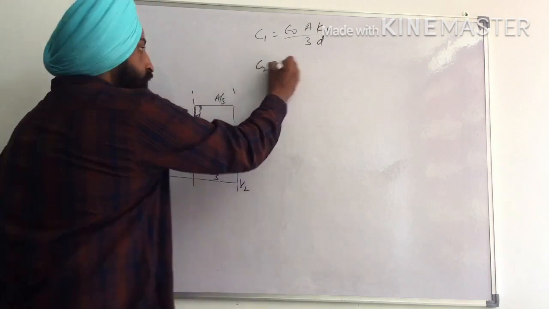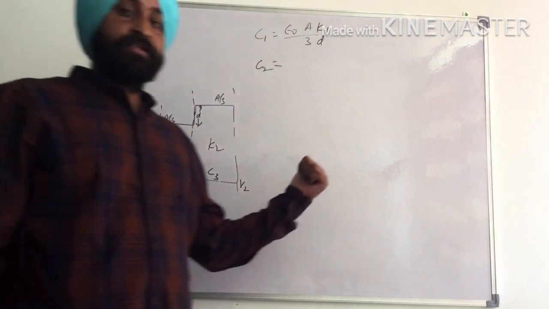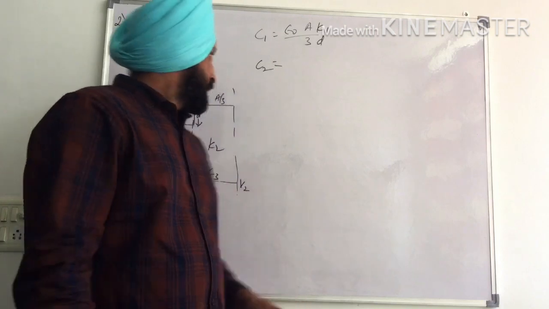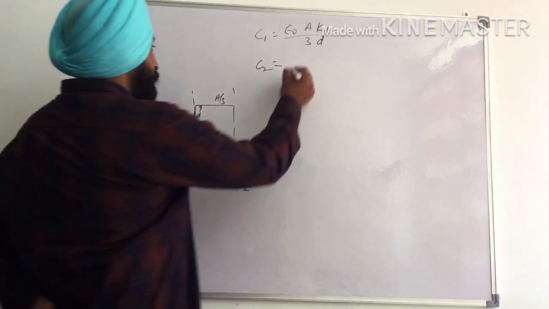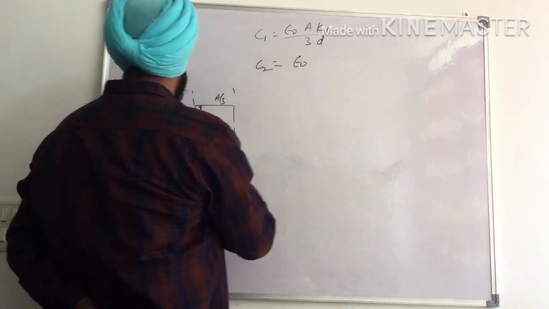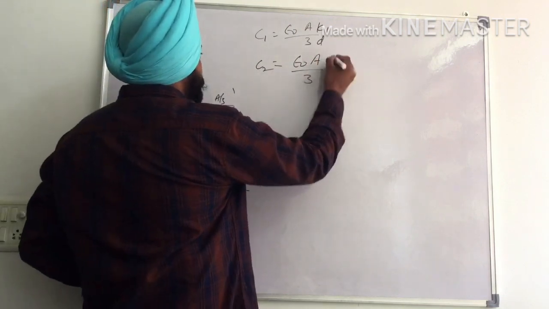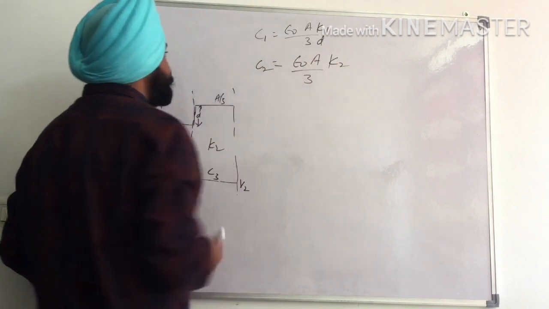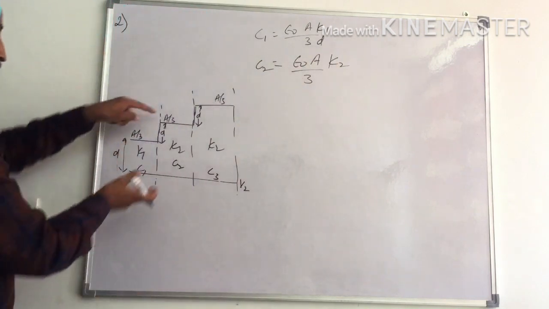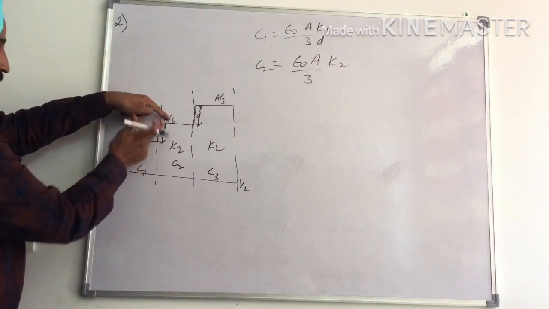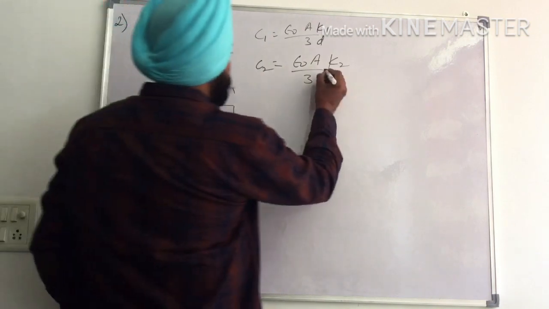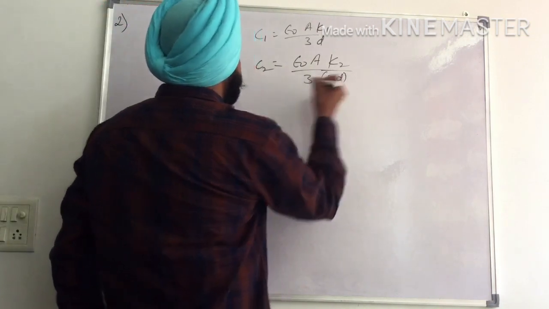Now what will be C2? Similarly, you can calculate this value of C2 easily, and this C2 will be equal to epsilon naught. Again, area of C2 is A by 3. Constant is K2. And what is D? D will be equal to this D plus this D, that is 2D.